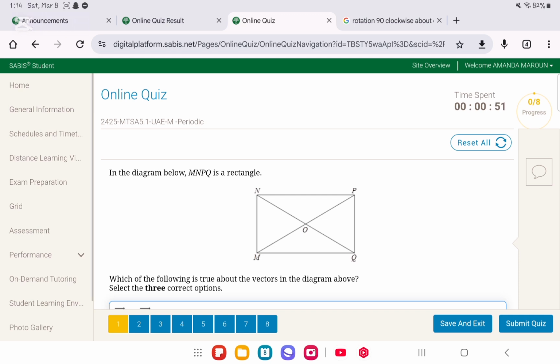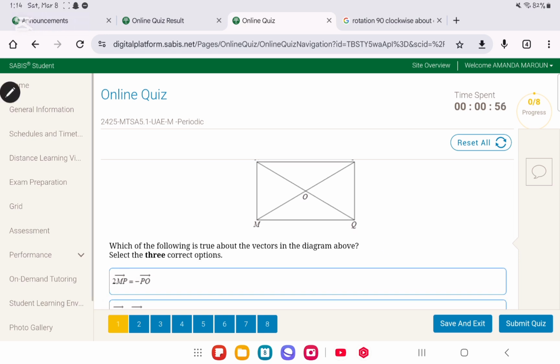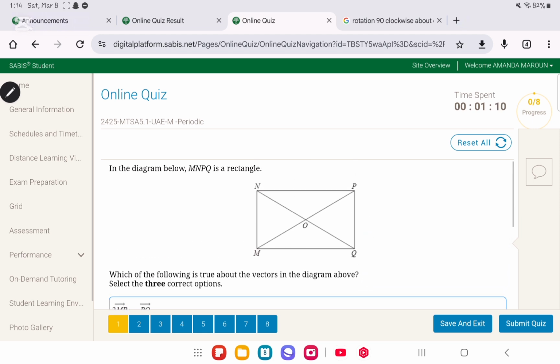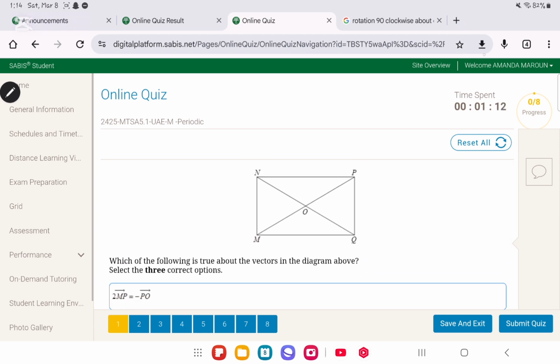In the diagram below, MNPQ is a rectangle. Which of the following is true about the vectors in the diagram above? Let's take them one by one. The first thing says that 2MP is equal to minus PO. So, MP, it is this.